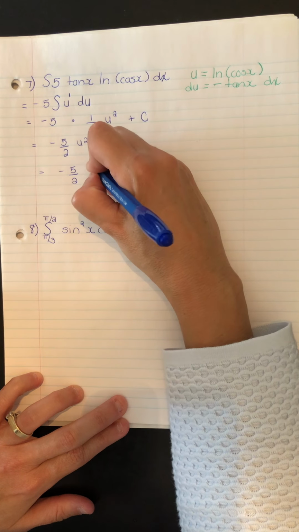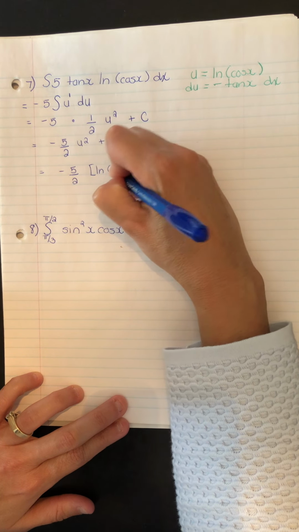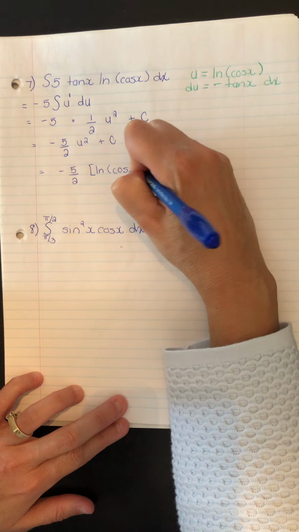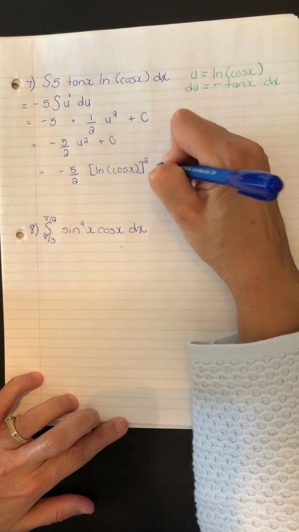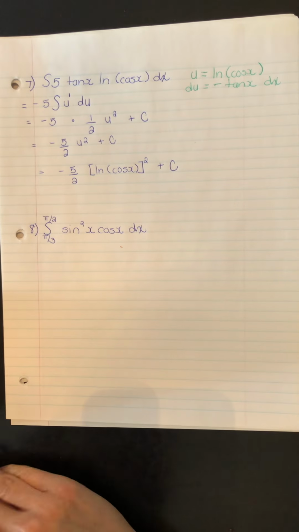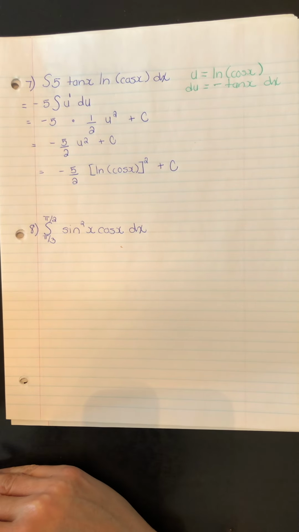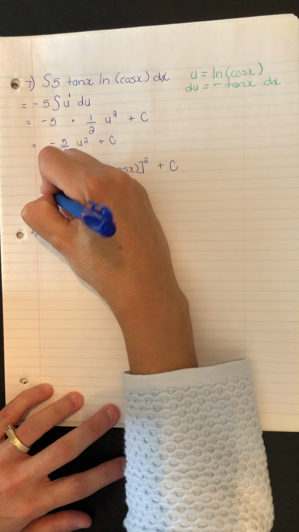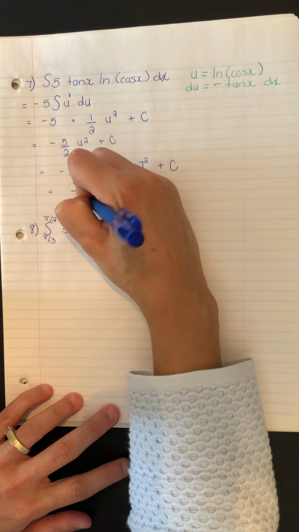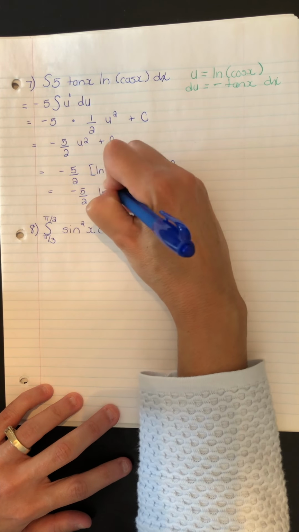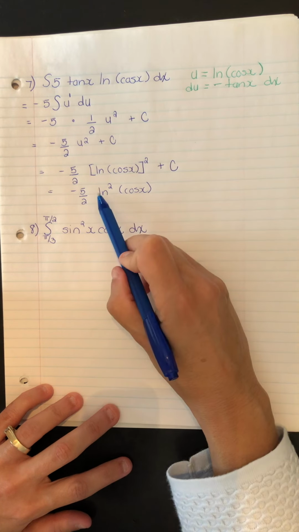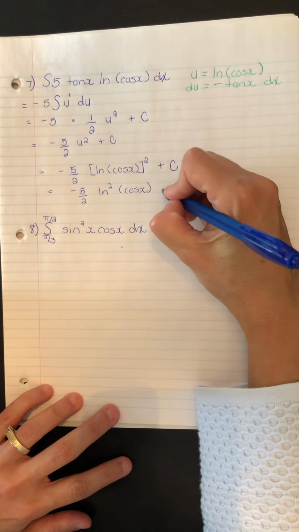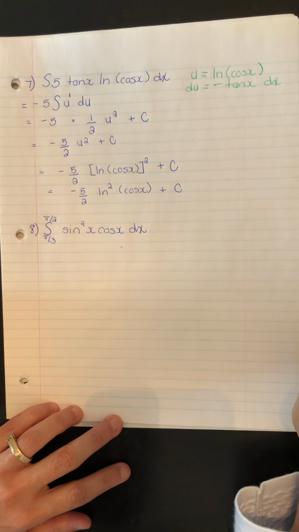So we have the ln of the cosine of x, all squared like that. Okay, and that's perfect for a final answer. Just note that it would be the same as writing it this way. Ln squared of the cosine of x means the same thing.